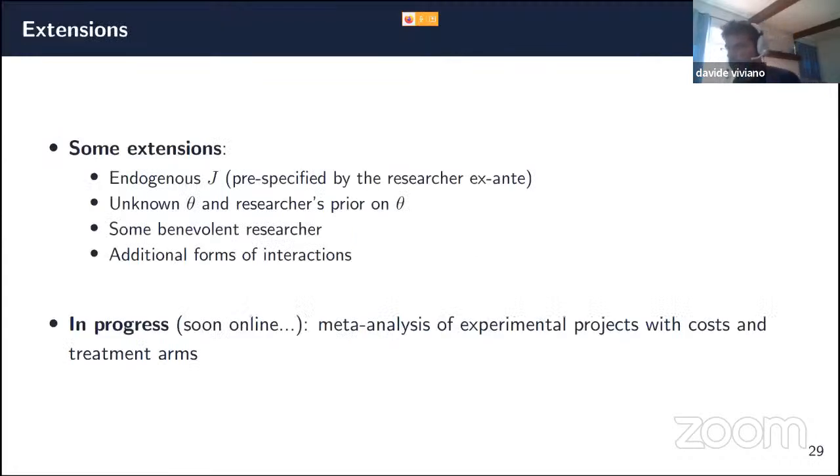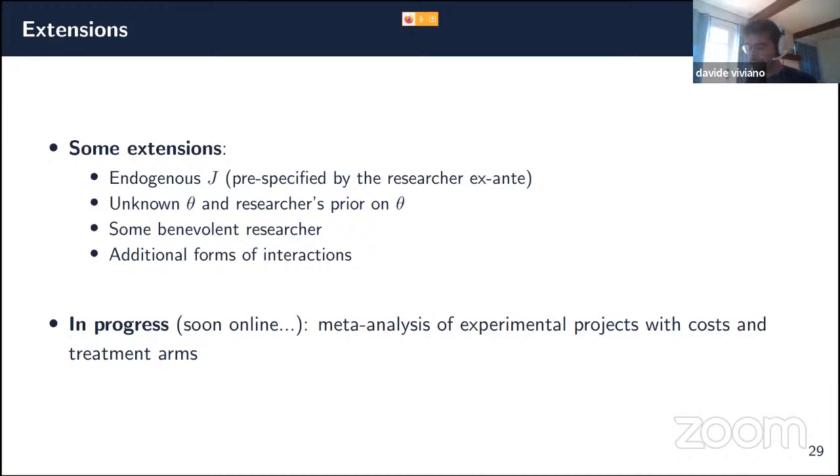So in the paper, you find a few extensions. For instance, we discussed the case where the number of treatment arms is endogenous and pre-specified by the researcher before running the experiment, and possibly chosen optimally, where theta is unknown also to the researcher, and instead the researcher has a prior on the treatment effect, which is shared with the policymaker. We also have a context where some researchers are benevolent.